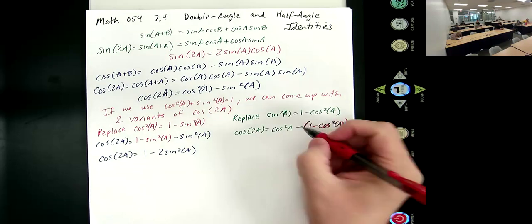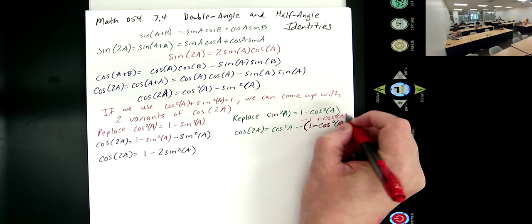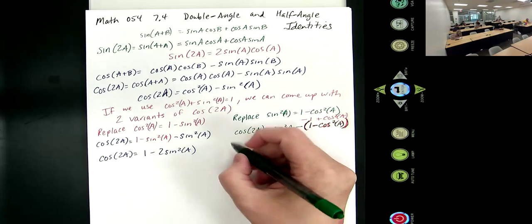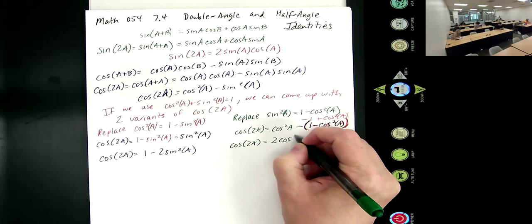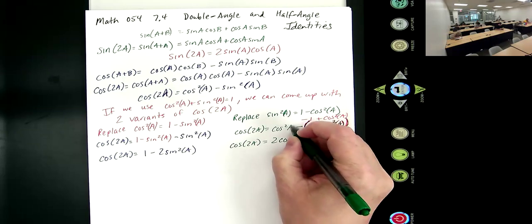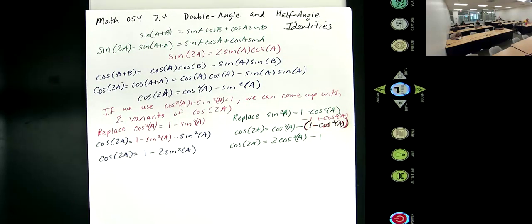When we distribute the minus, this will be a minus 1 plus cosine squared. So cosine 2a can also be written as 2 cosine squared a minus 1. And we'll make a little table that puts all these together in a second. Is everyone okay with this?